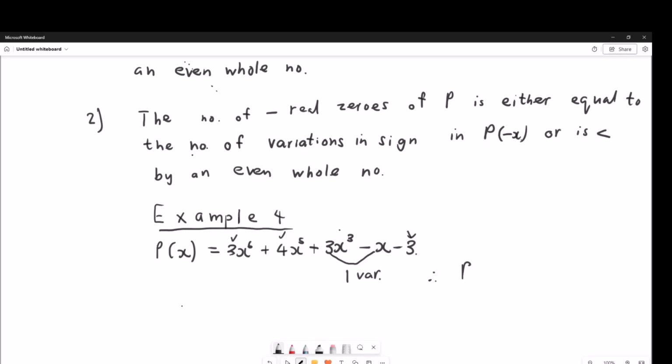Right. So there's only one variation there. So P has one positive zero. That's all you can say there. There's nothing else you can conclude there.